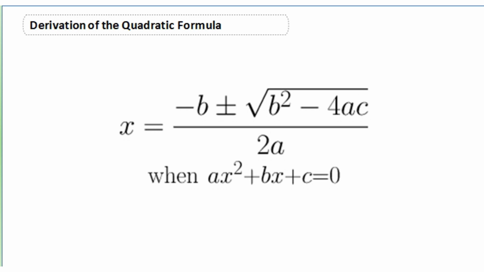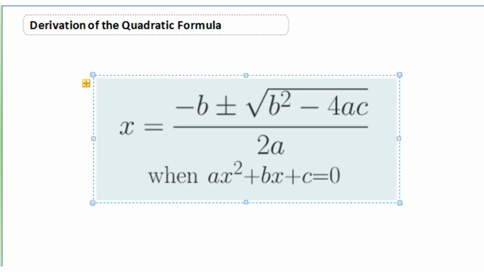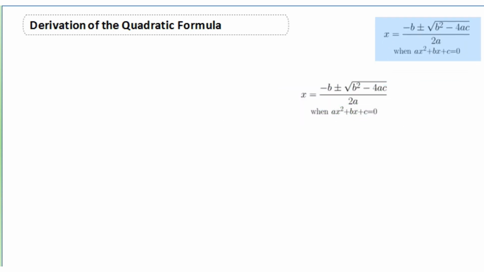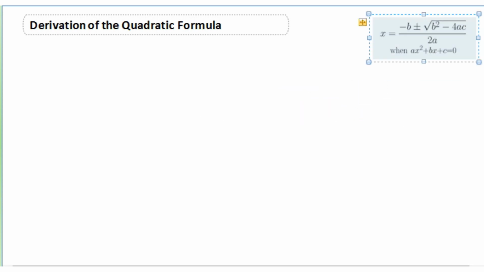Now, we'll just try and derive the formula, how to find the value of x. So what I'm going to do right now is select this equation here that we have, and reduce the size and put it on the right hand top corner, so that whenever we need to refer to it, we can.